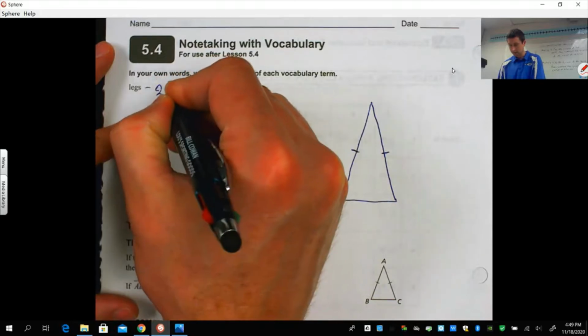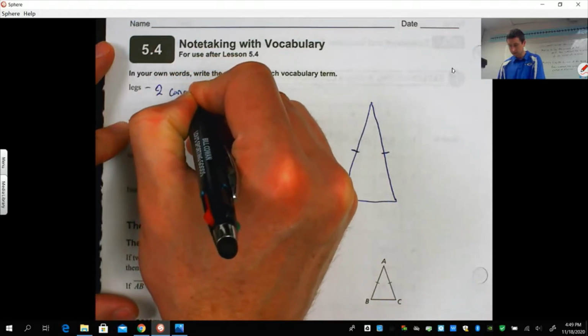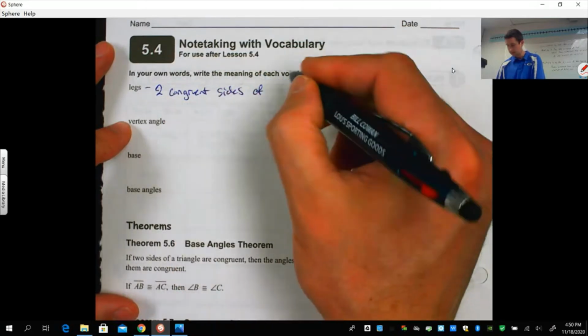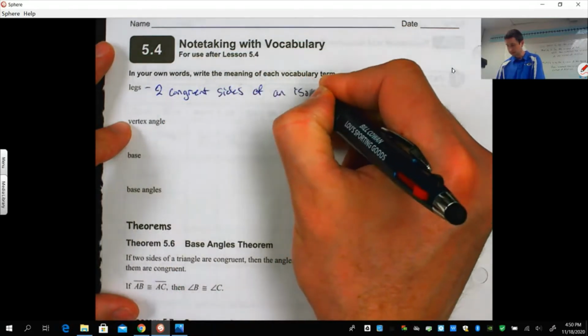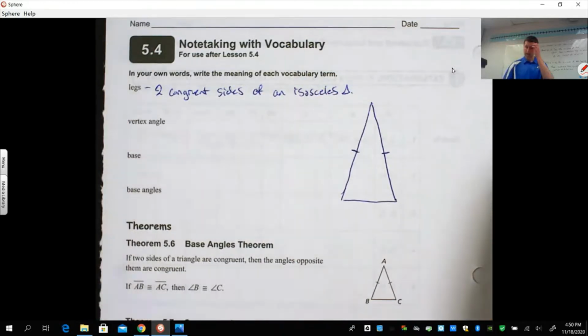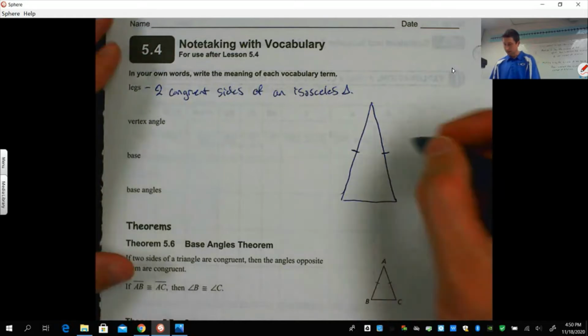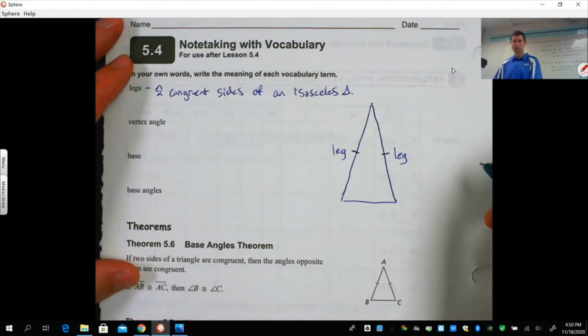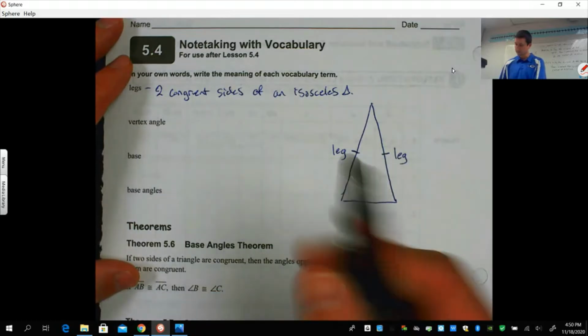We're going to say the two congruent sides of an isosceles triangle. The legs are the two congruent sides of an isosceles triangle. So we got a leg, and we got a leg. Two legs, stand on two legs.